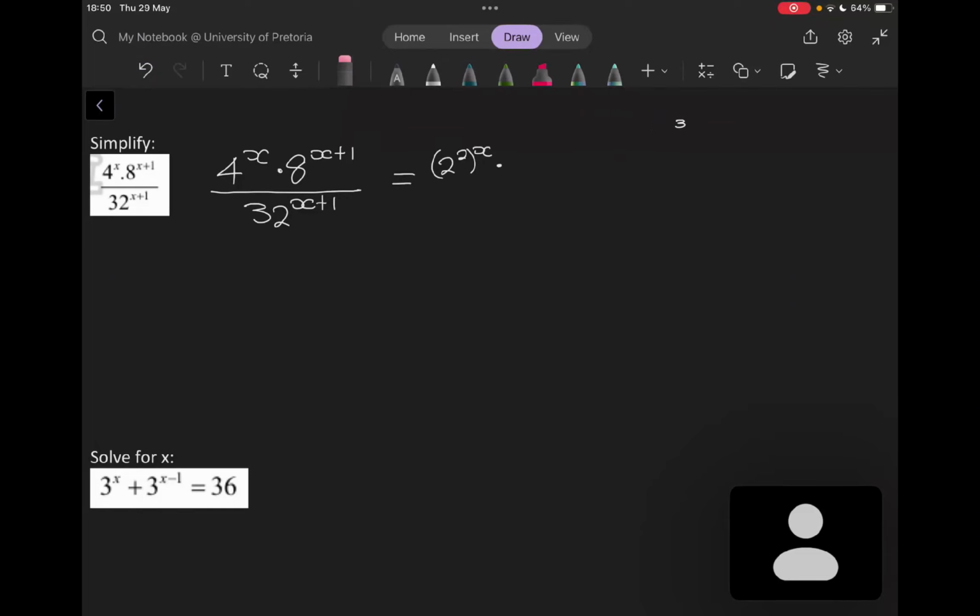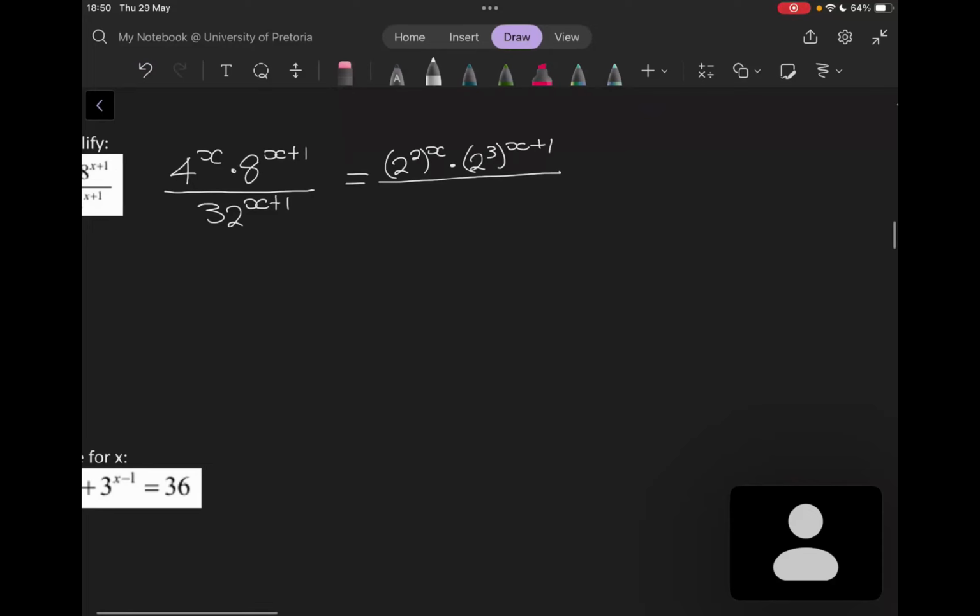Let's do that. Instead of the 8, we are writing 2 to the power of 3, and we have that raised to the power of x plus 1. We have this divided by 32 to the power of x plus 1.